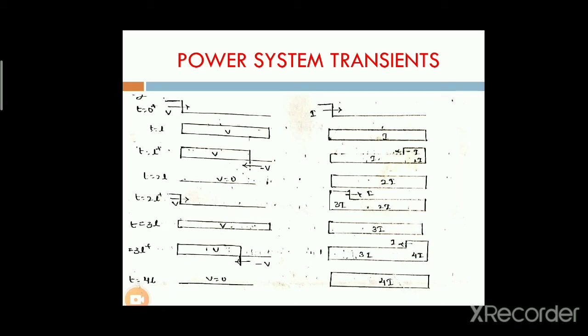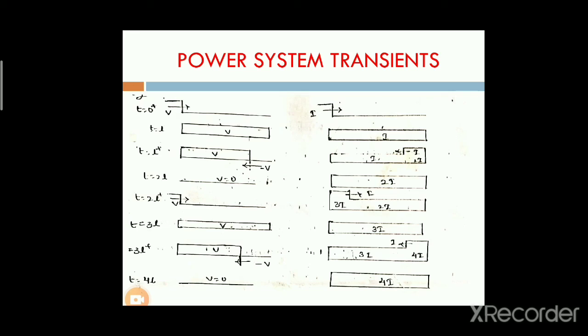Therefore the voltage wave is partially reduced to 0 after it has traveled a distance twice the length of the line.